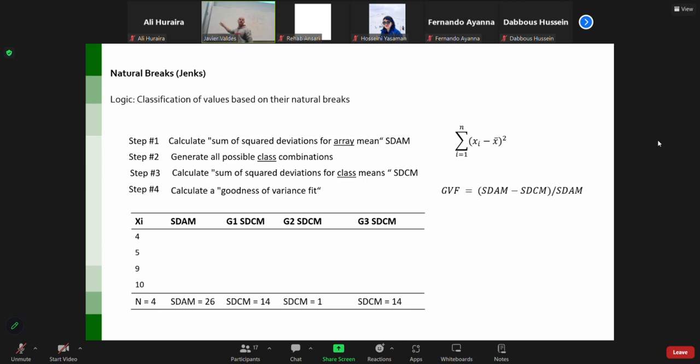Do you understand? The next one will be 5 minus 7, square, which is equal to. Okay, now for the third one.